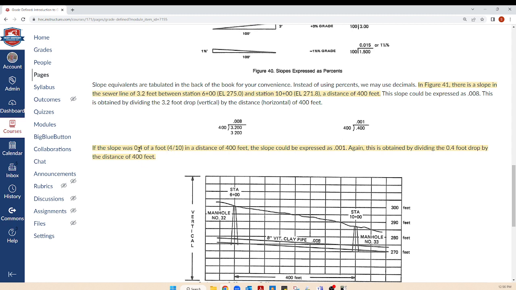And this is just another example. What if it was 0.4 or 4/10 and 400 feet? It'd be just a little bit steeper.